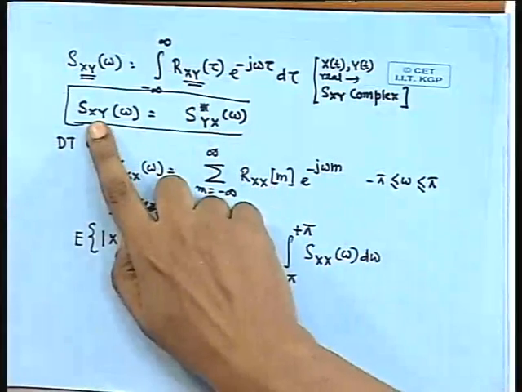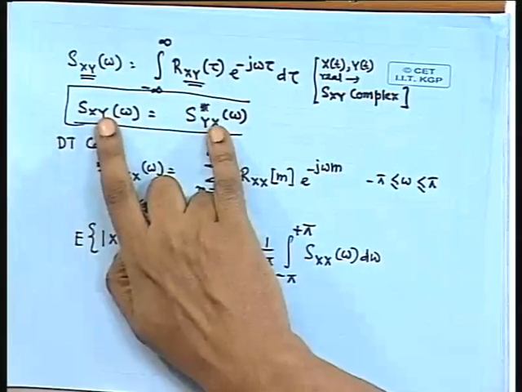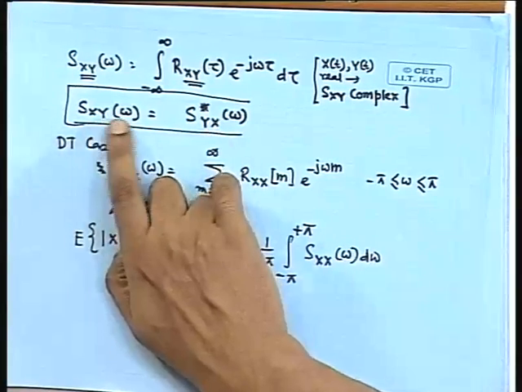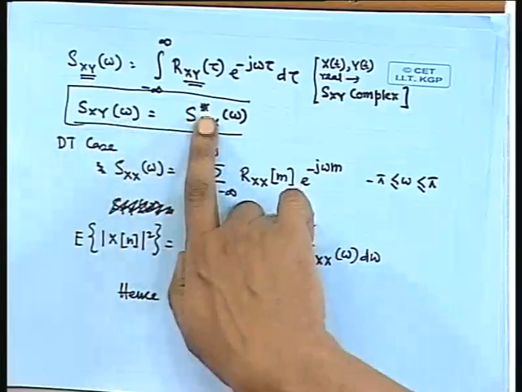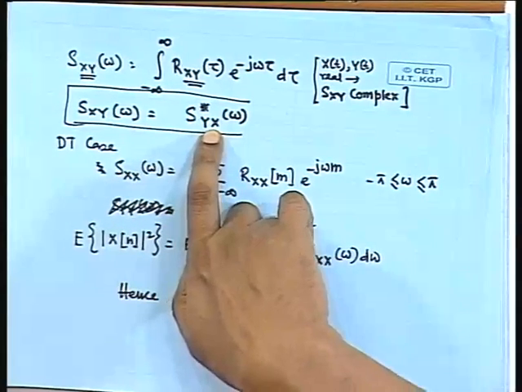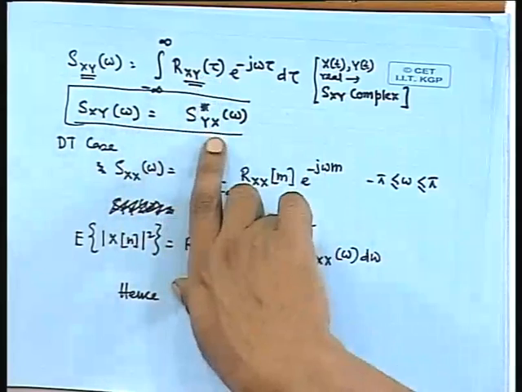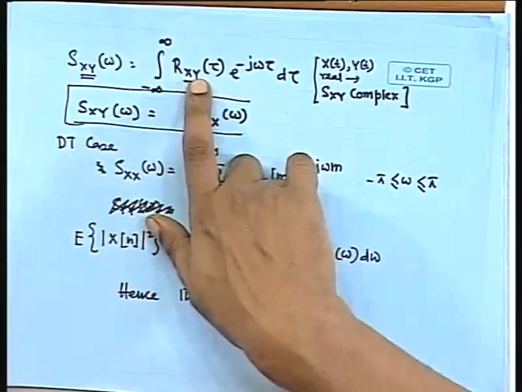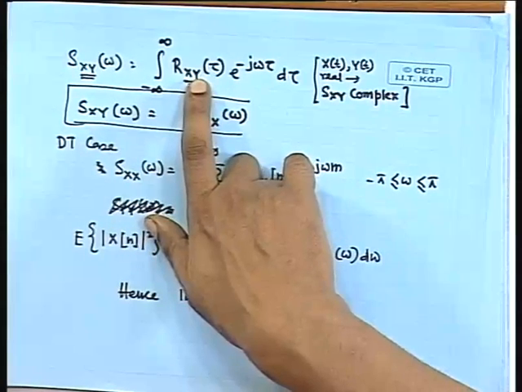And this you can easily find out, that Sxy omega is equal to S star Yx omega. Why again? Because if you go back to this definition, in case of yx, this will become Ryx, and remember that we had said that Ryx you will get from Rxx. Then you will have to convolve with h of m.